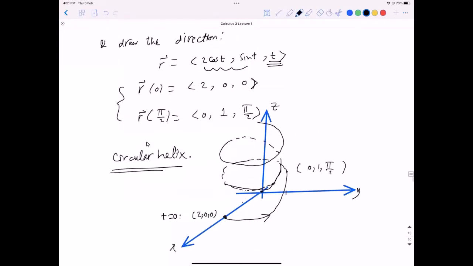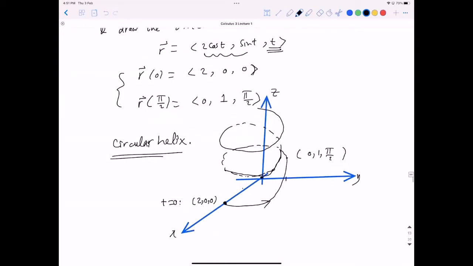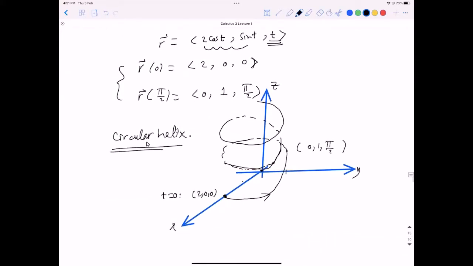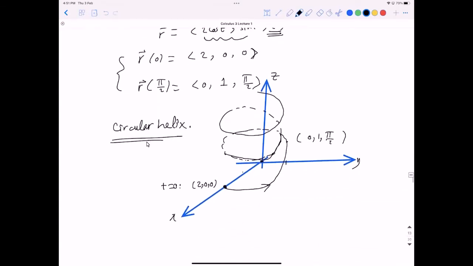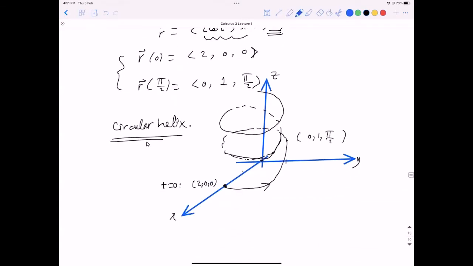If you see this, 2 cosine t equals x and y equals sine t, you can eliminate the sine and cosine and get the equation of the projection of this helix, which is clearly a circle or an ellipse. I think it's an ellipse. No, it is not circular, it is an elliptical helix. Why?